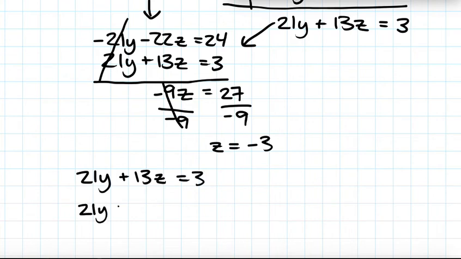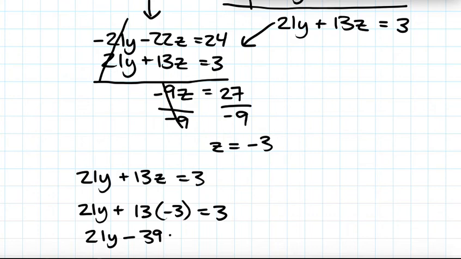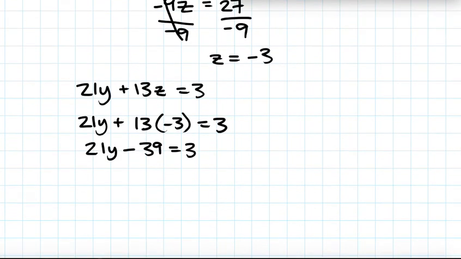So 21y plus 13, plug in -3 for z. Sometimes the numbers on these can get a little bit big, but once you get down to it, they should, like I said, come out to be whole numbers for your variables.